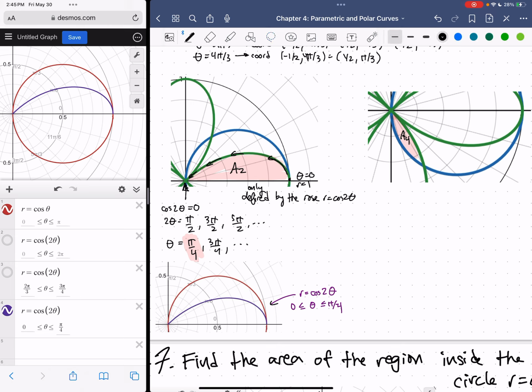And indeed, if we think about the whole idea of drawing the rays as we leave the origin, we can see that those are exactly the angles that define that area.